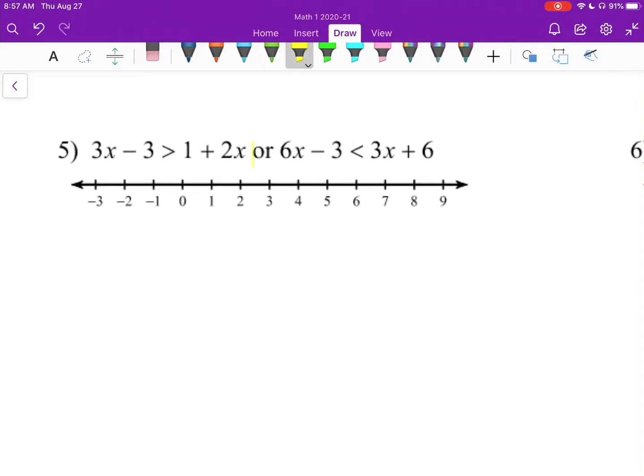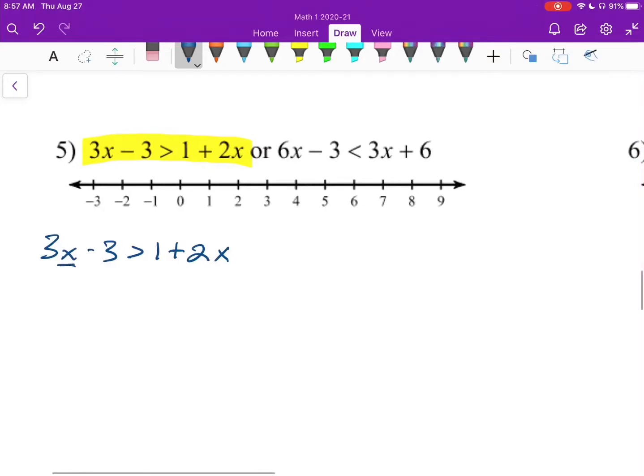We'll start off dealing with this guy on the left. We have 3x minus 3 is greater than 1 plus 2x. I'm going to put my x's on the left. See, I have an x over here and an x over here. I'm going to subtract the 2x and put it on the left. So we have x, just a plain old x, minus 3 is greater than 1.